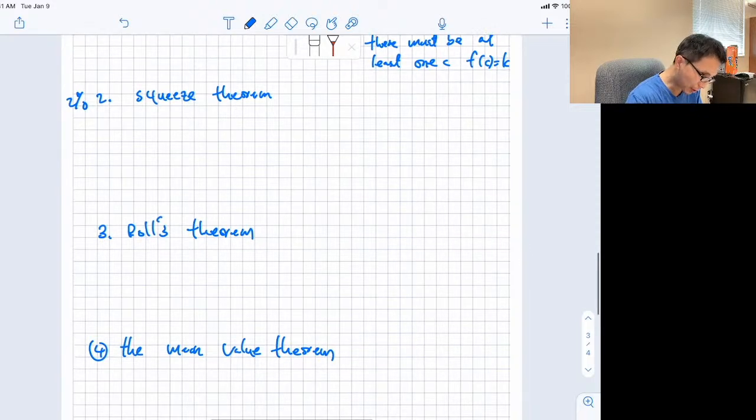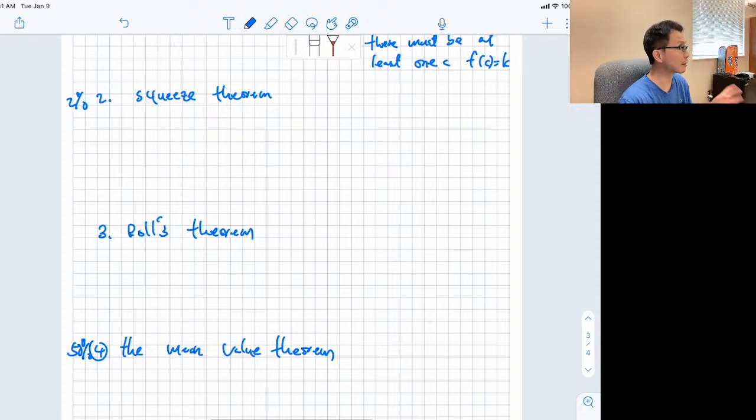Now this one is like 50% of the problems. It's on every single exam, on half the problems. We kind of talk about this today, where the instantaneous rate of change is equal to the average rate of change. That is called the mean value theorem.